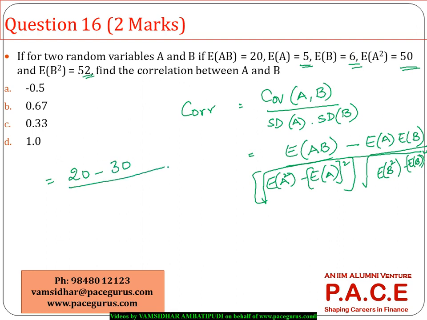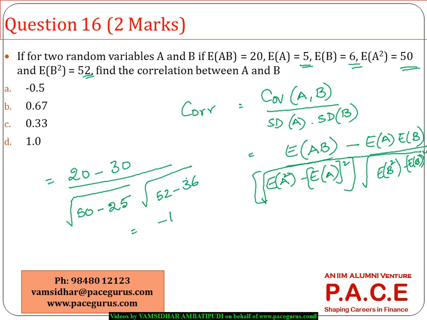Numerator is 20 minus 30. Divided by square root of expected value of A squared is 50 minus expected value of A whole squared, 5 squared, 25, into square root of expected value of B squared, 52, minus expected value of B whole squared, 6 squared, 36.